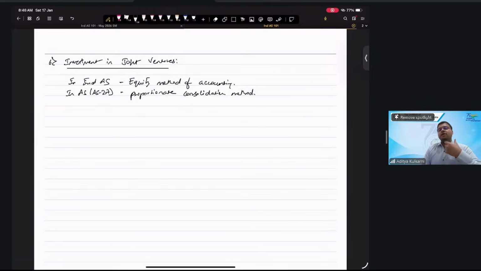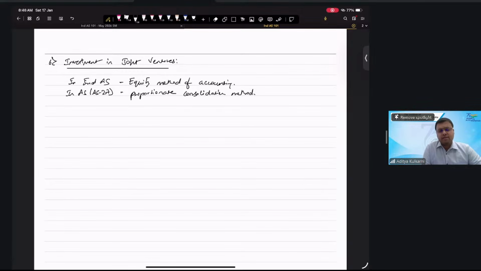That means if I'm owning 50% in a joint venture, I will do a line by line consolidation of 50% of the joint venture's assets and liabilities. Is it okay? And in P&L also, I would do a 50% accounting of income and expenses.